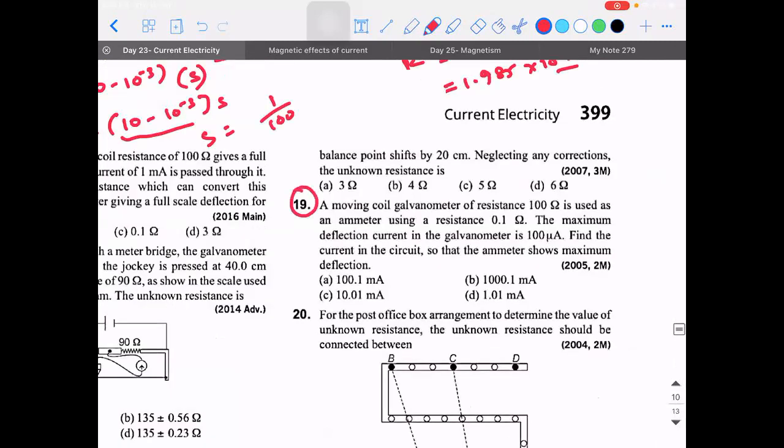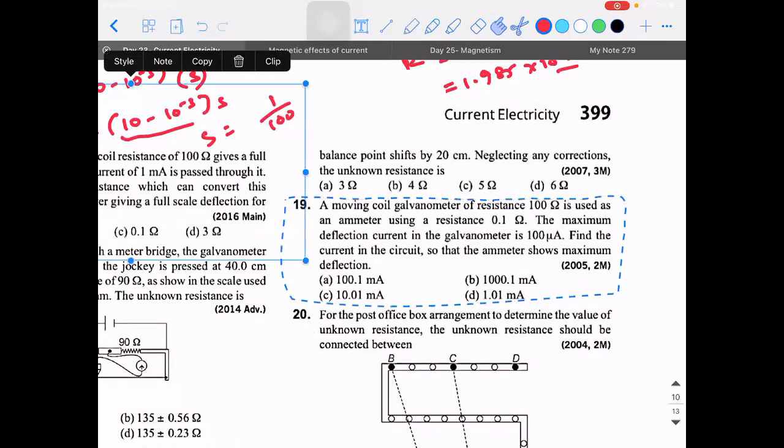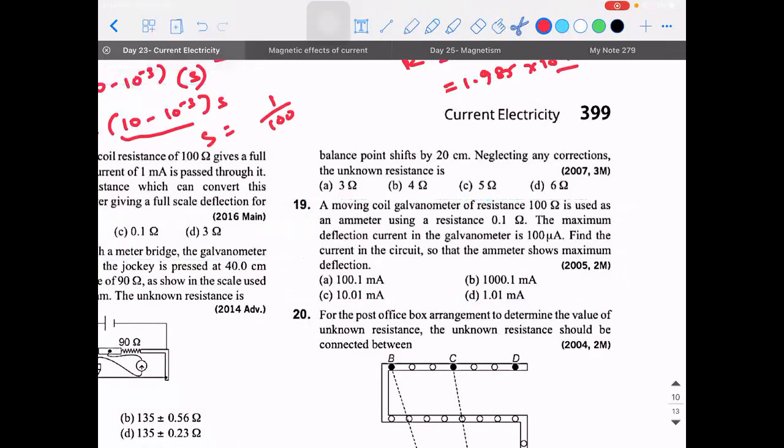So we'll do one last problem and we can wind up. So try this. There is a moving coil galvanometer of resistance 100 ohm used as an ammeter of resistance 0.1 ohm. The maximum deflection current in the galvanometer is 100 microampere. Find the current in the circuit so that the ammeter shows maximum deflection.